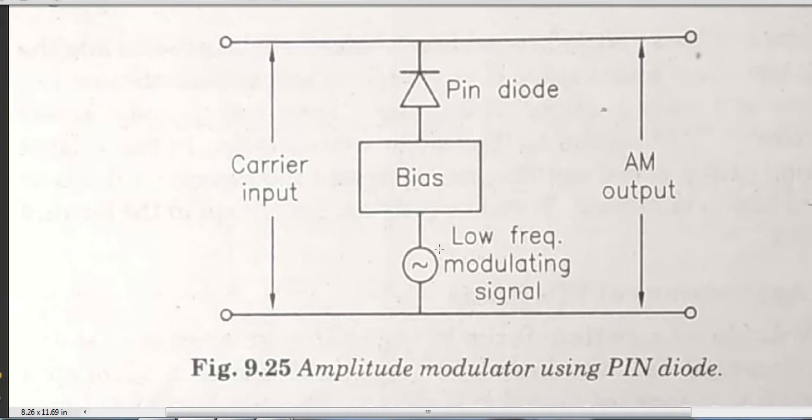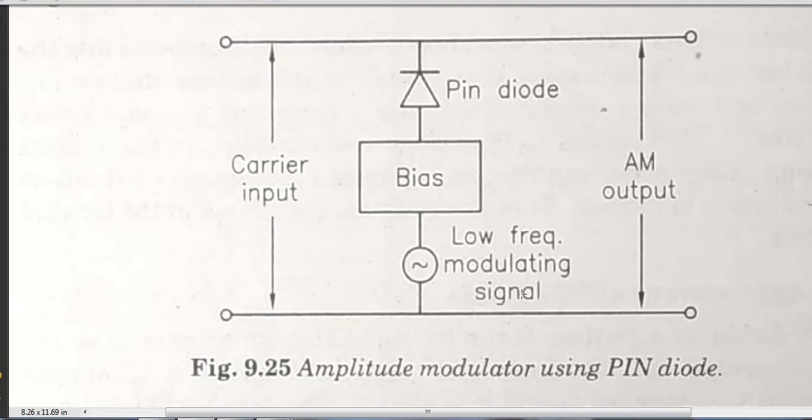This is the high frequency carrier input, and this is the corresponding amplitude modulated output, in which the amplitude of this carrier signal is varied in accordance with the modulating signal or the message signal.